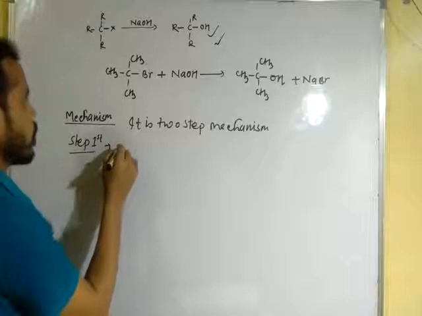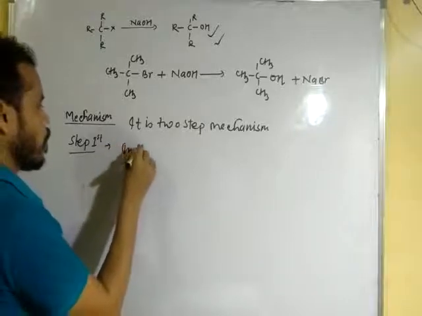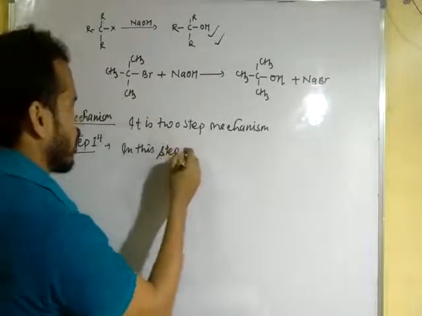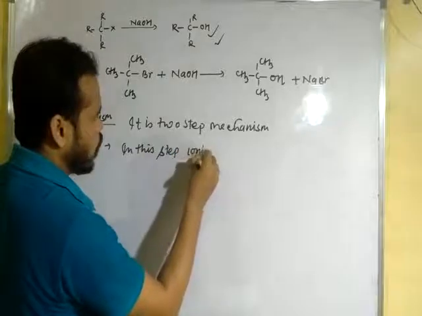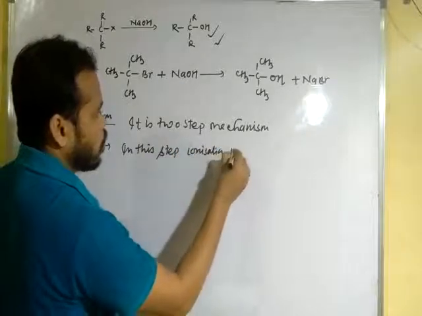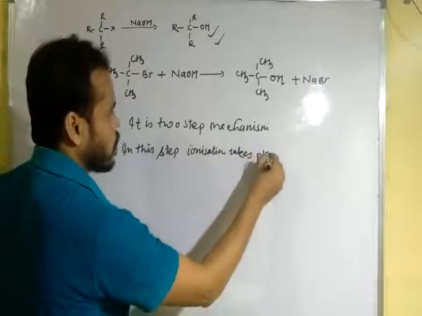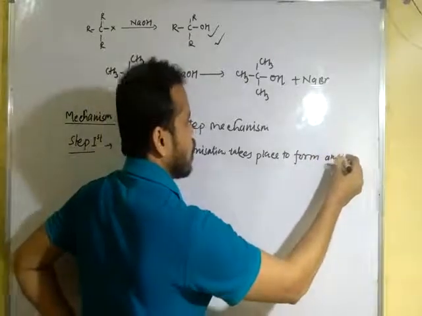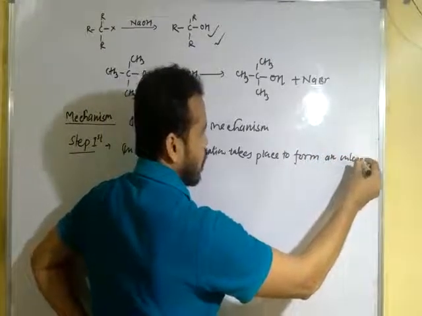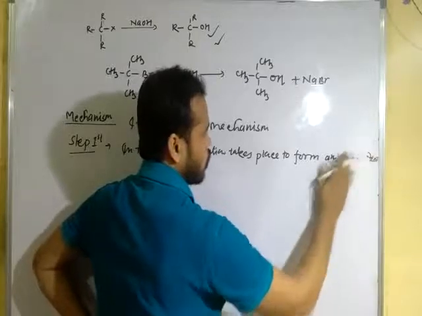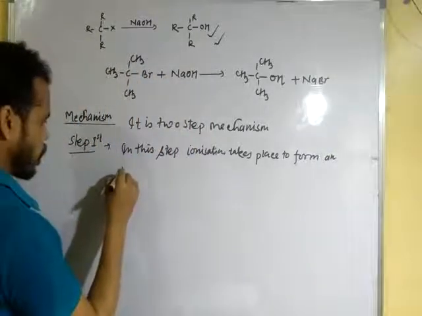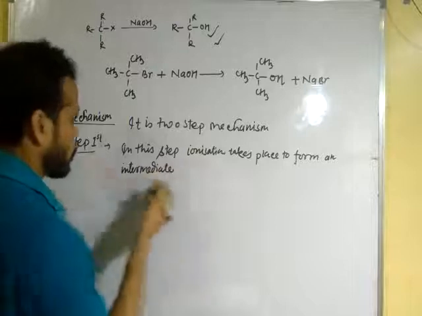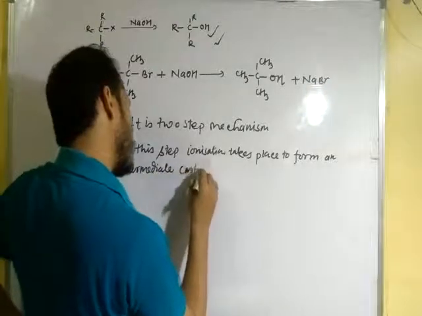Step first. In this step, ionization takes place to form an intermediate carbocation.